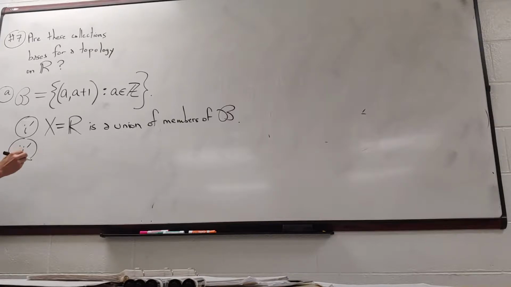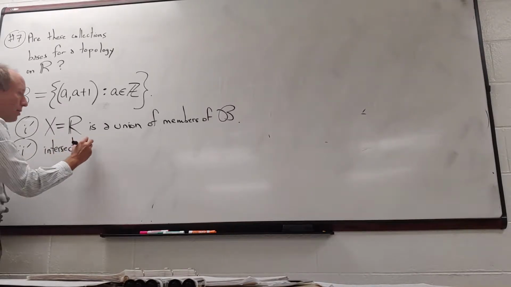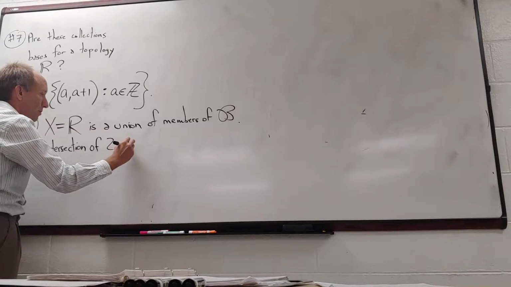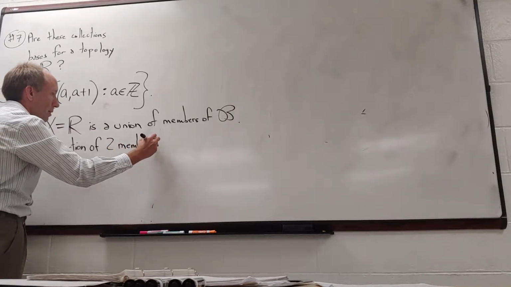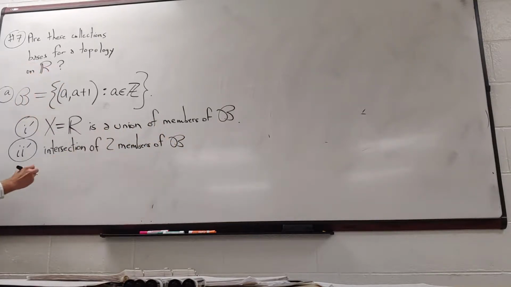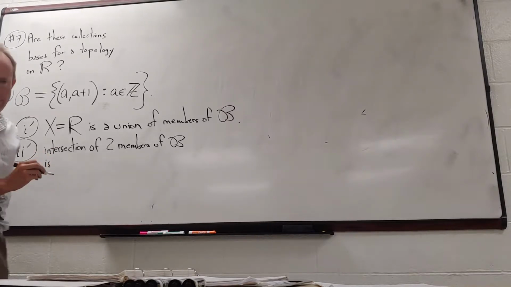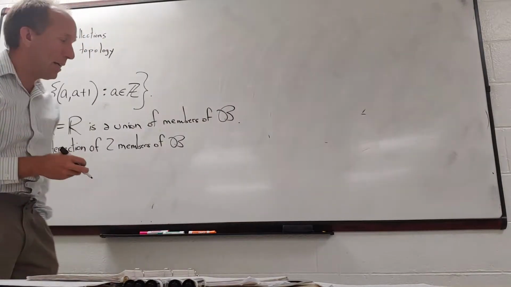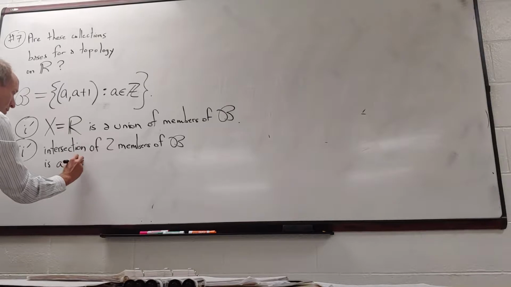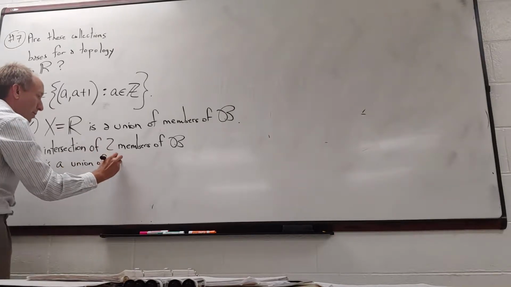When we take the intersection of any two members in B, that can be expressed as union of a member in B. Exactly. So the intersection of two members of B is expressible. How did I phrase it here? Well, I just said is a union of members of B.